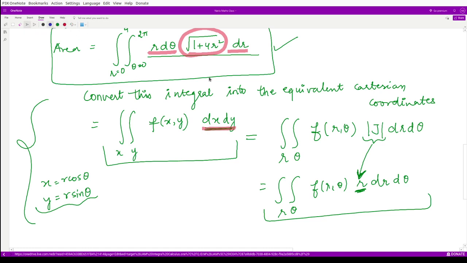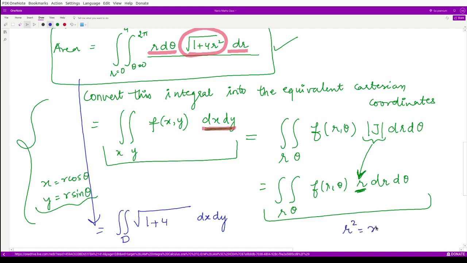So this area now becomes the area defined over the projection in x and y, and instead of r dr dθ we write dx dy. Instead of the function 1 plus 4r², what is the value of r² in Cartesian coordinates? This is x² plus y², so you can write 1 plus 4(x² plus y²) here. So this becomes your conversion in the Cartesian coordinates.